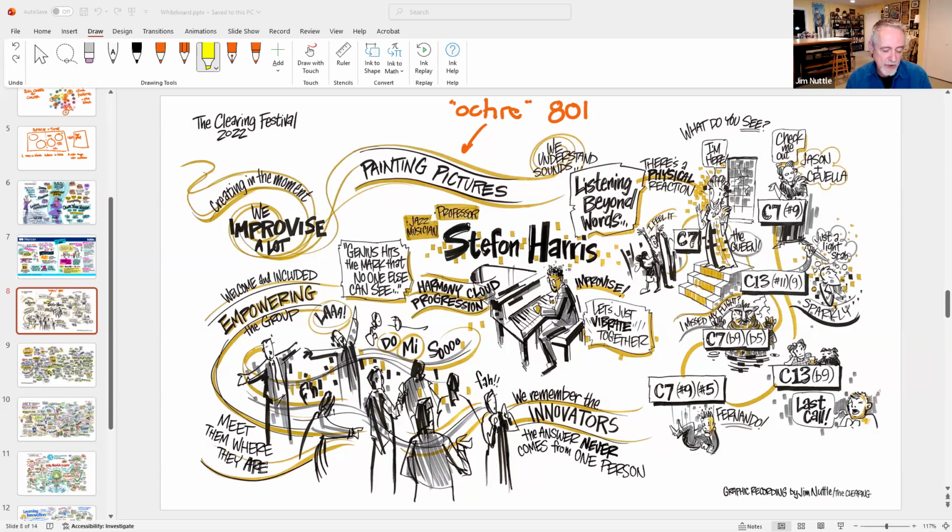So it works, and I think that holds true for anything we do. The way I'm capturing it, the way I'm composing it, may be interpreted completely differently by anybody else who's looking at it.